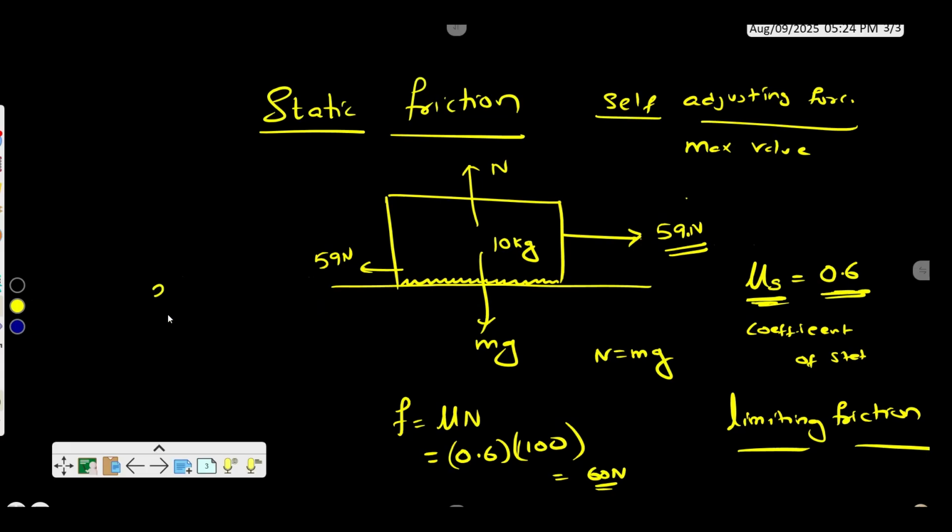Static friction has got a limit. The limit is called limiting friction. This you can calculate by using mu s into normal reaction. Only limiting friction you can calculate using mu s into normal reaction.